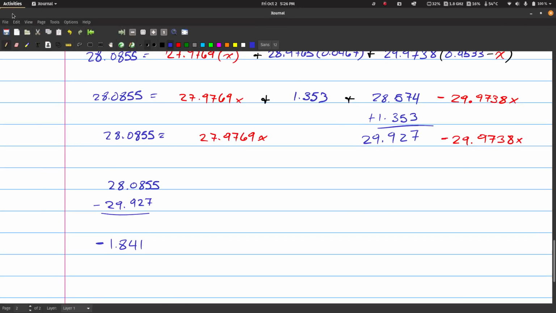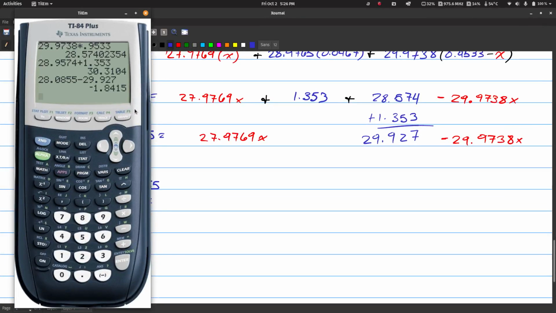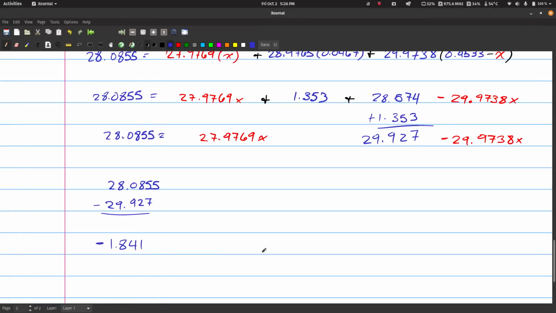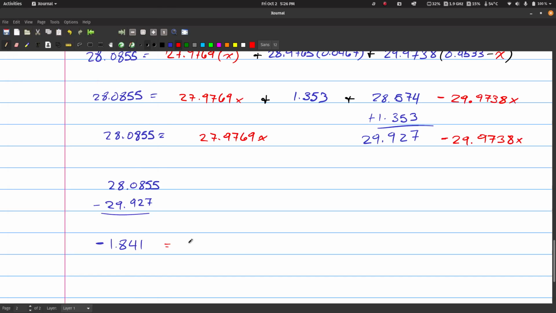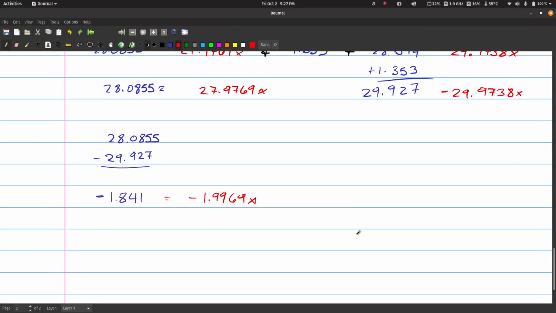I probably did something wrong, because I got a different number earlier when I solved it, but that's fine. So we're just going to leave it as this is equal to this number. It's a lot harder when I don't have a calculator in my hand and I'm doing it on the computer. Negative 1.9969x. So I'm going to just divide this out.